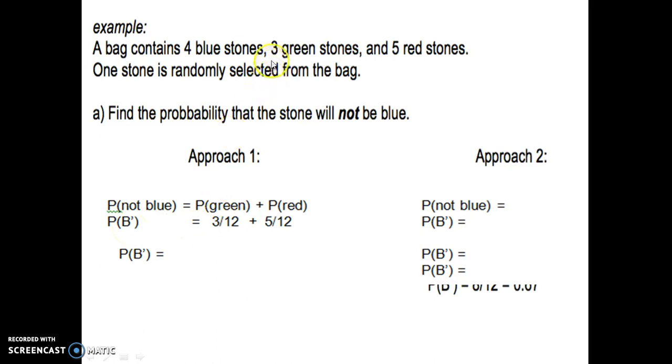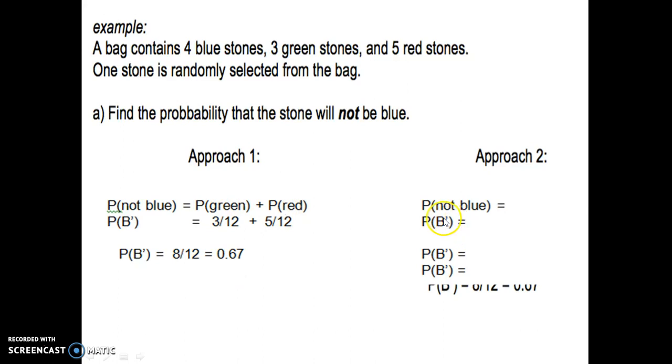Well, there's 3 green out of a possible 12 stones. So there's 3 chances for you to get a green out of 12. And then you add to that the probability of getting a red, which is 5 red stones out of this total 12. So chance of getting green is 3 out of 12, red is 5 out of 12. Together, that makes 8 out of 12, which is 0.67. And that is the probability of not getting a blue. It's basically saying not blue means I'm going to get one of the other 2, so I'm just going to add up those probabilities.